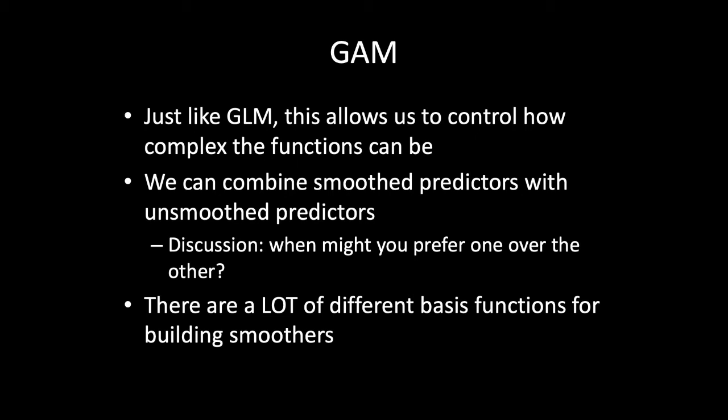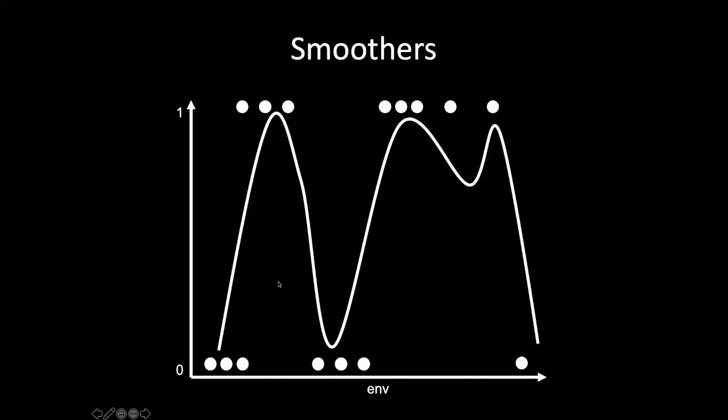That essentially controls the complexity. The more knots you have, the more inflection points you allow the smoother to have. And one of the nice things here is that we can combine smooth predictors with unsmoothed predictors. And that's worth having to think about. So like I said, you look at a smoother like this, and it's like, well, what does this mean in terms of a biological estimate?